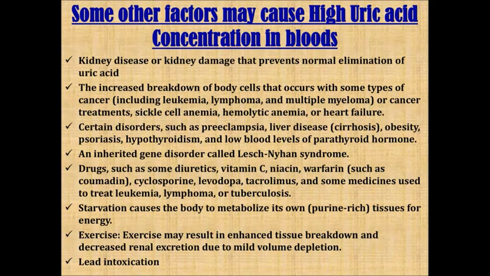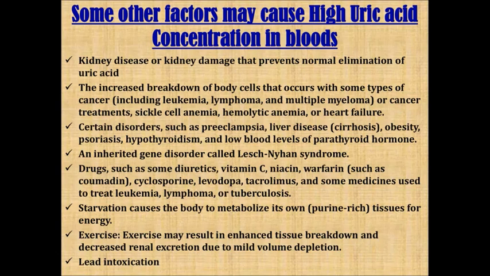Certain disorders such as preeclampsia, liver disease, obesity, psoriasis, hypothyroidism, and low blood levels of parathyroid hormone also cause uric acid accumulation in blood. An inherited gene disorder known as Lesch-Nyhan syndrome also increases the level of uric acid in our body.